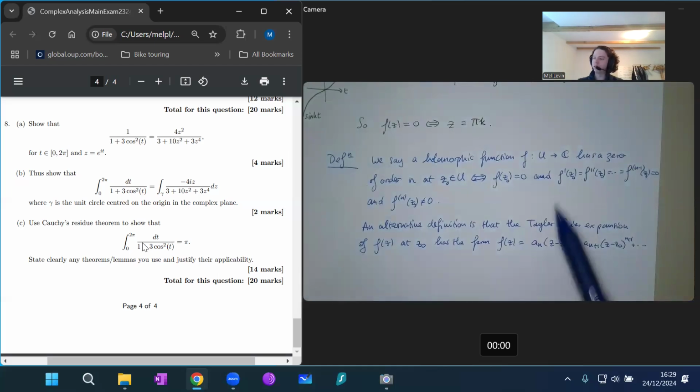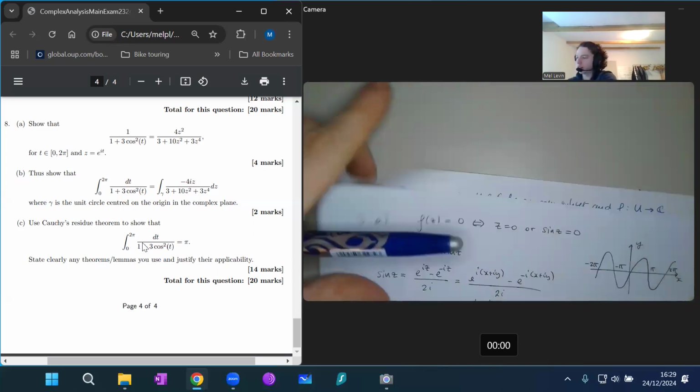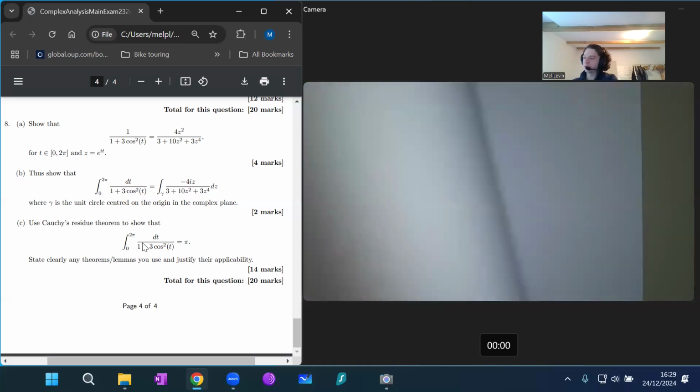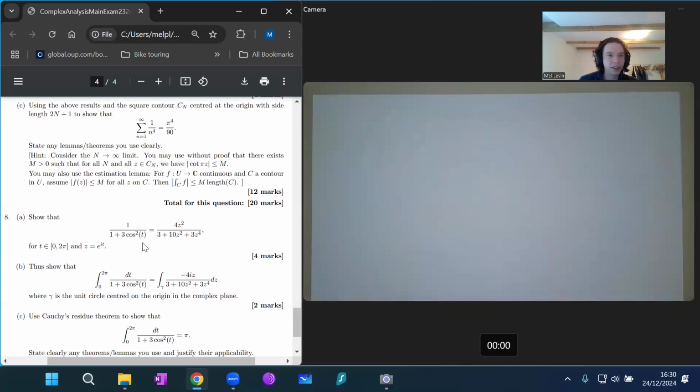I suppose sometimes one definition is a little bit more convenient than the other, but the derivatives are usually pretty easy to check.